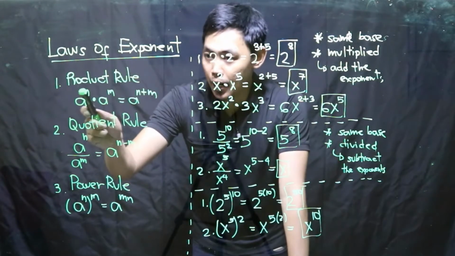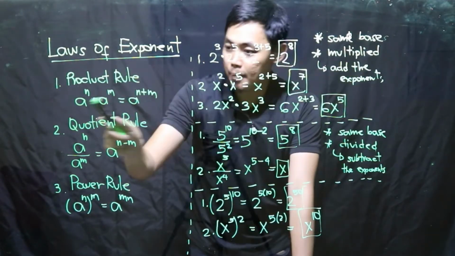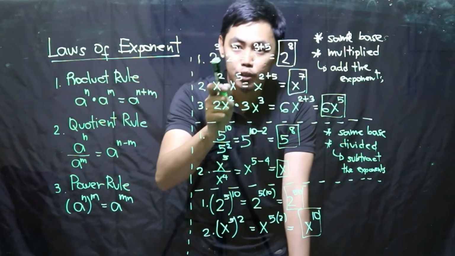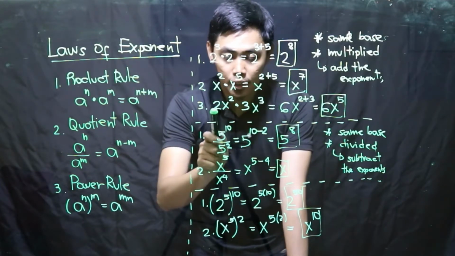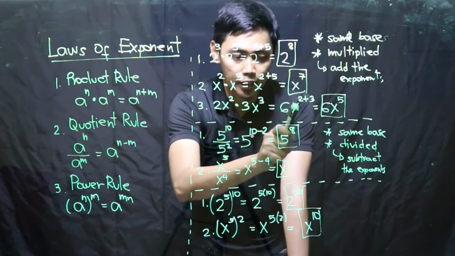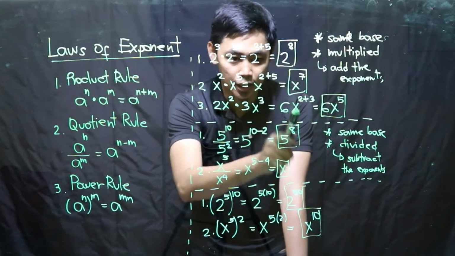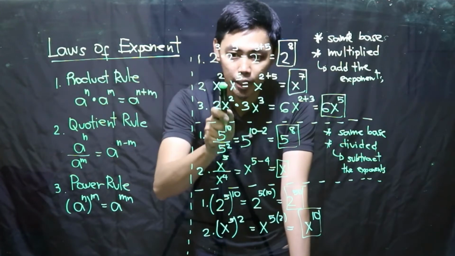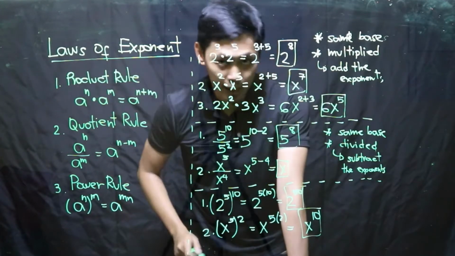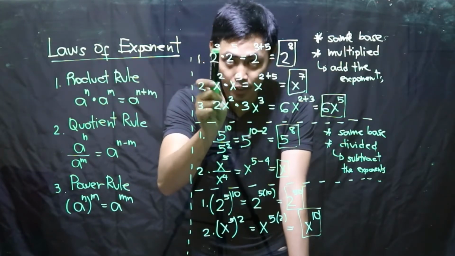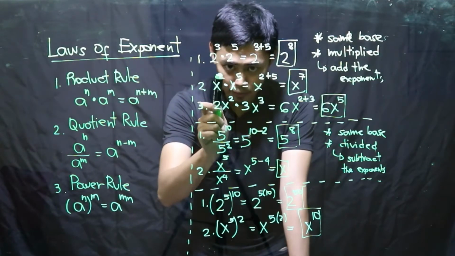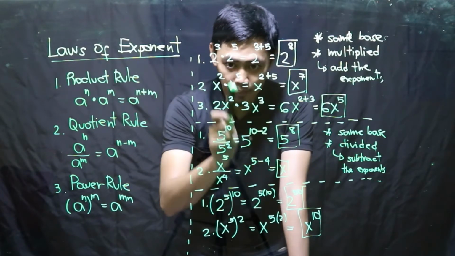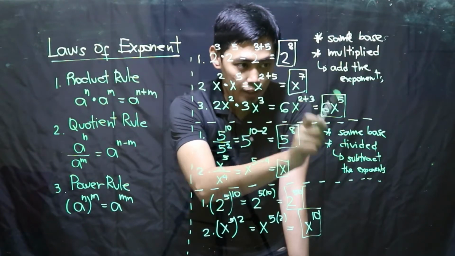So again, the product rule: they have the same base, 2 and x. Okay, same base, and then it is multiplied. You add the exponents. 3 plus 5, 8. 2 plus 5, 7. 2 plus 3, 5.